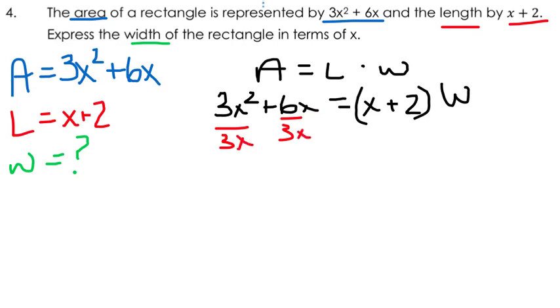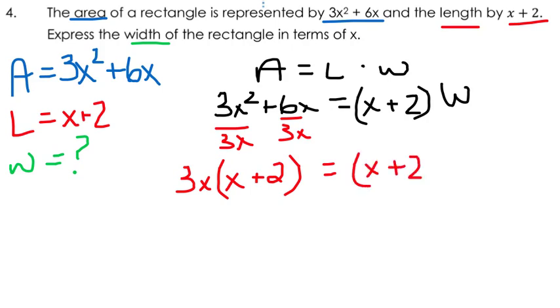When I pull out my GCF of 3x, I write it right out front, so I have 3x times what I have left over is just x plus 2. Okay? So all we did was rewrite that left side. We weren't doing any inverse operations or anything like that. We were just factoring the left side to make it look a little better for us, so we could use it. And then on my right side, I still have x plus 2 times w.